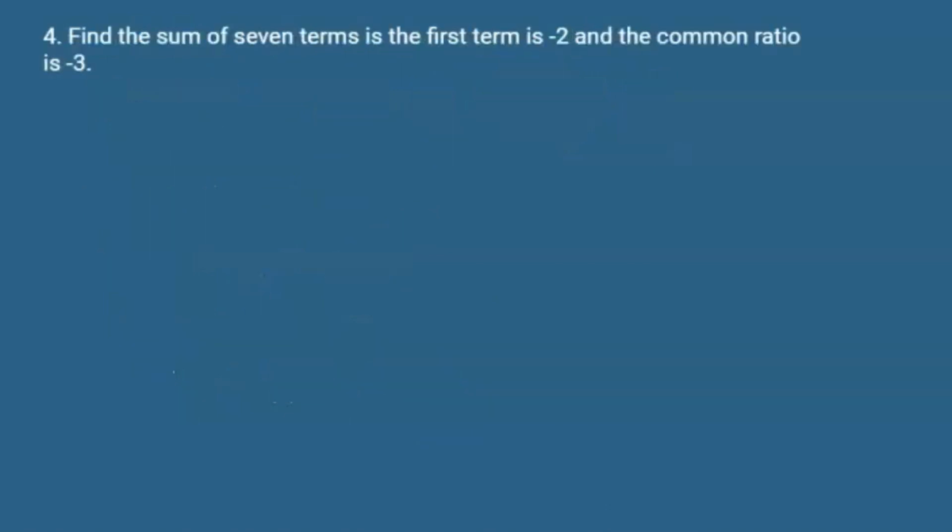Next problem, find the sum of the first 7 terms if the first term is negative 2 and the common ratio is negative 3. So we need to get S7. First term is given, negative 2. Common ratio is negative 3.